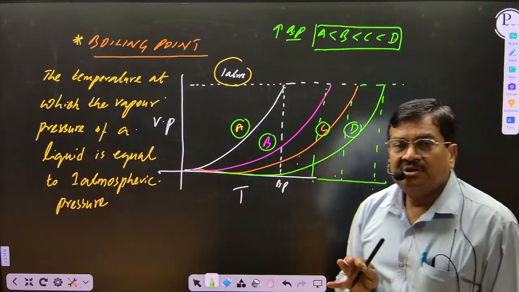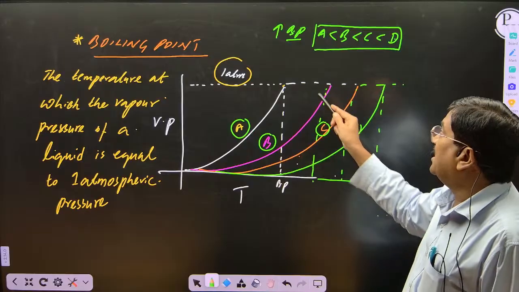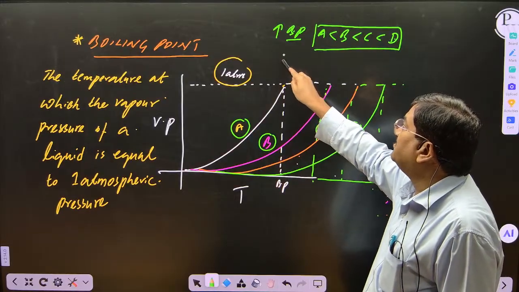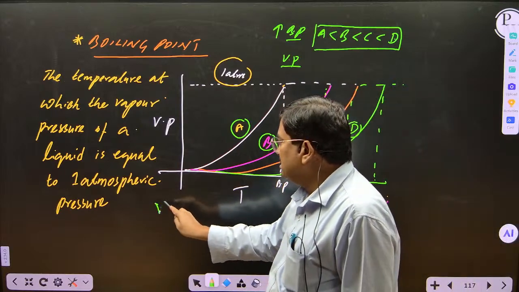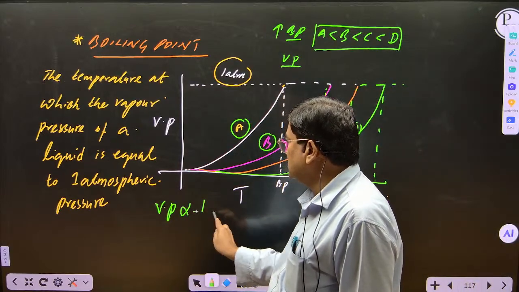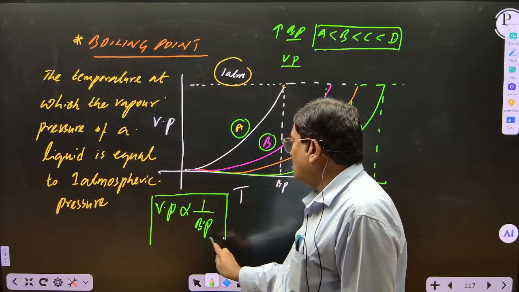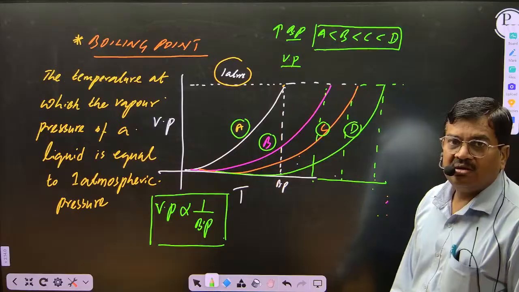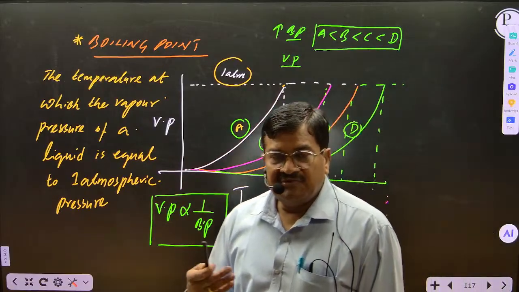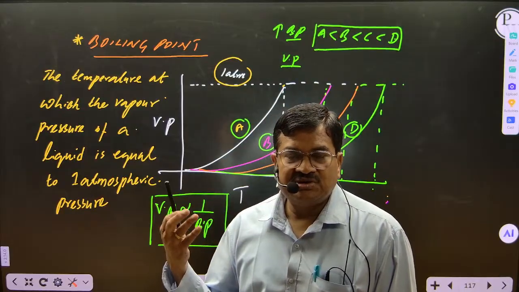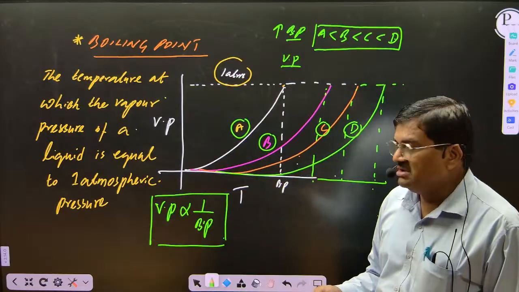Clear all of you? But if I ask you increasing order of vapor pressure, keep it in mind, vapor pressure is inversely proportional to boiling point. Very important. If the liquid has more tendency to convert into vapor, that means it exerts more vapor pressure, and its boiling point will be less.